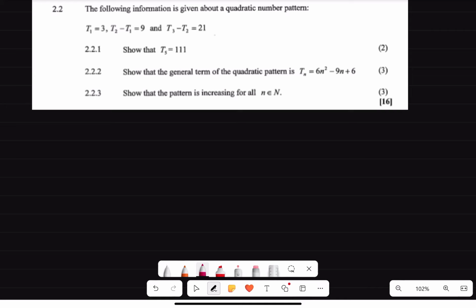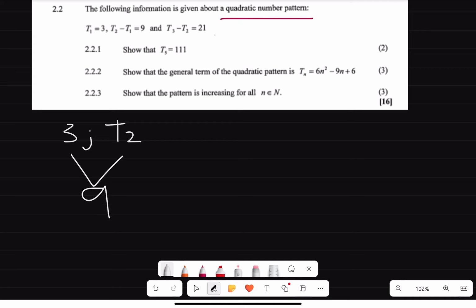So the pattern that we're working with is quadratic. We are given t1 equals 3. So we have 3 as the first term. And then we are given t2 minus t1 to be 9. But we don't know the value of t2. But we know that t2 minus t1, we're going to get a 9.